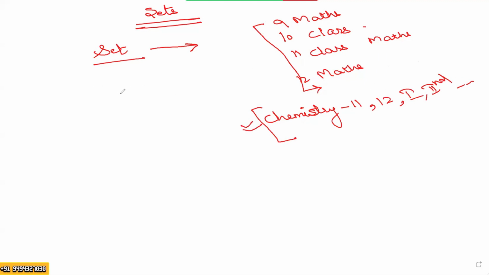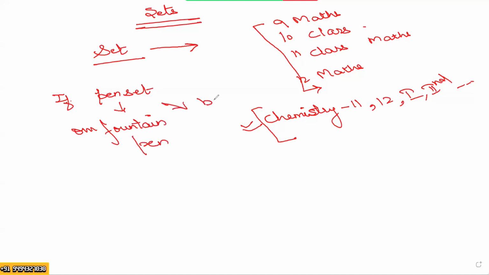And suppose children, if you are purchasing pens, right? So if you are going to a stationery shop, then you are purchasing a pen set. So your pen set contains one fountain pen, you can say, and one ball pen.